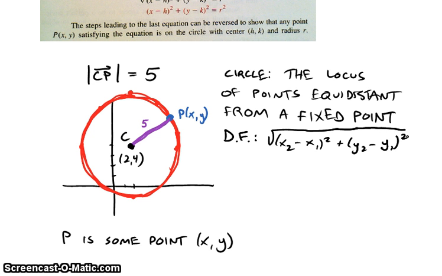If we apply this formula to this vector equation situation, we're going to end up with a nice formula for this circle. Just like lines have equations, like y equals 3x plus 7, and parabolas have equations, like y equals 3x squared plus 2, circles also have equations. And we can find that equation by using the distance formula.